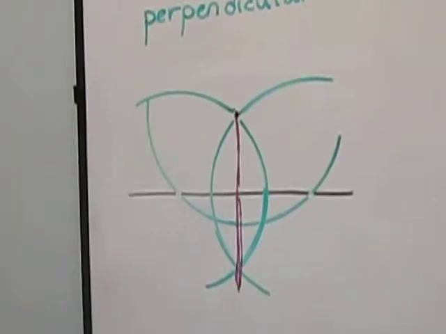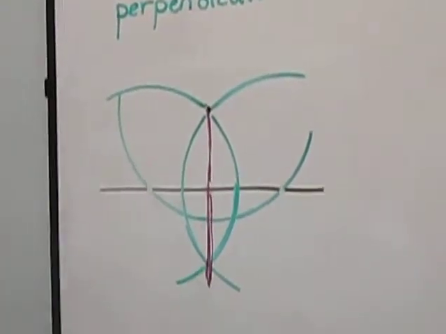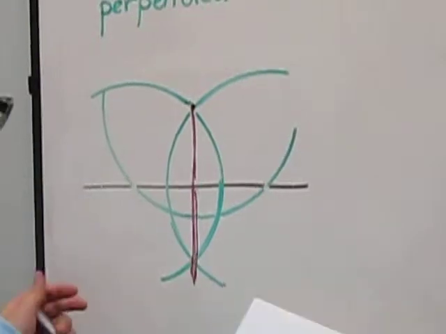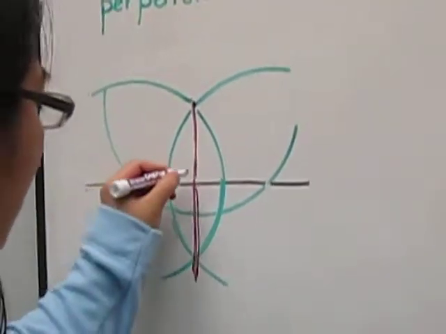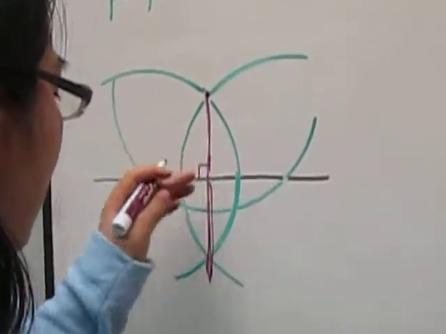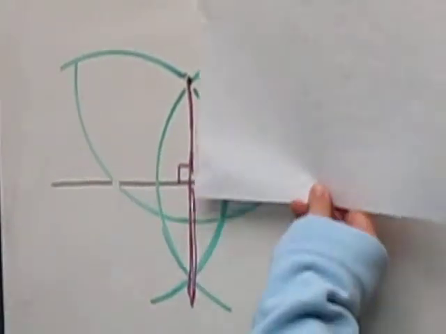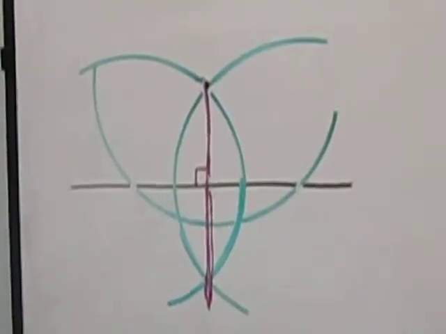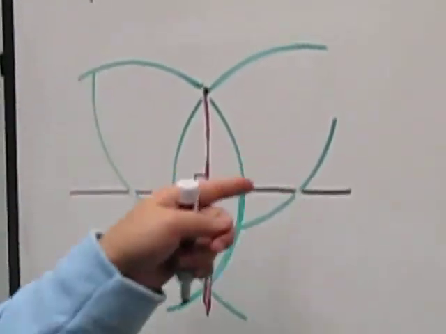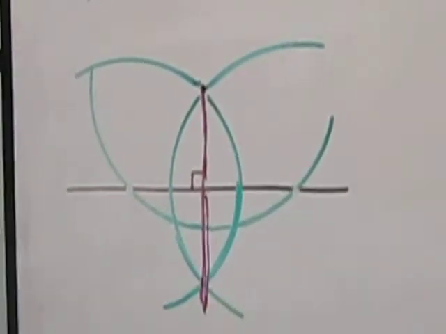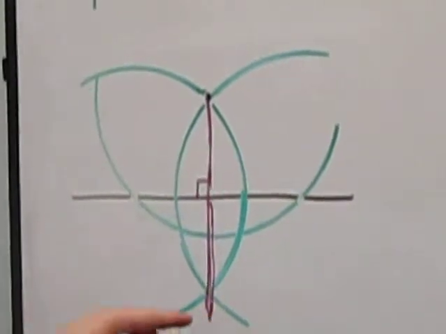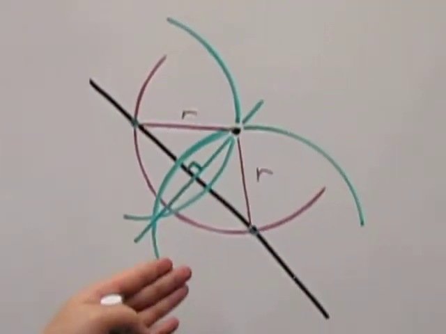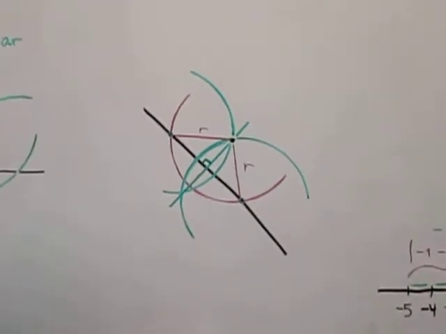Well, we can't see it perfectly because I'm not a perfect artist, but when you measure it with a protractor, you will see that this is a 90-degree angle. This happens with any circle that intersects the line at 2 points, and with any point and any given line. I did another example earlier that shows the same exact thing.